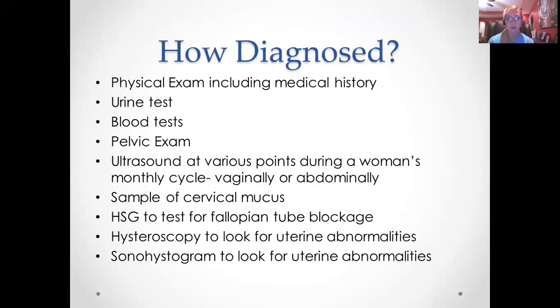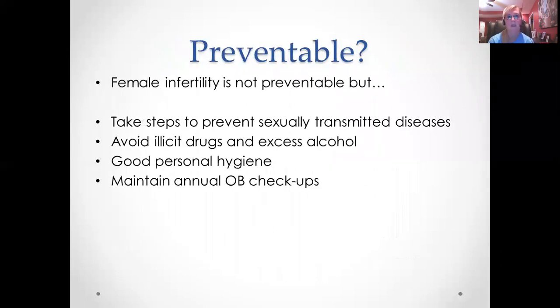A sample of cervical mucus, the HSG test that I discussed to test for fallopian tube blockage, hysteroscopy, I almost said hysterectomy, not the case, to look for uterine abnormalities, as well as a sonohysterogram to look for uterine abnormalities. We never had the last two done. I didn't, but we had everything else. So I am familiar with the first many things on this list.